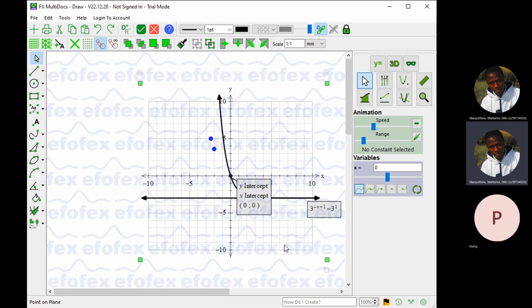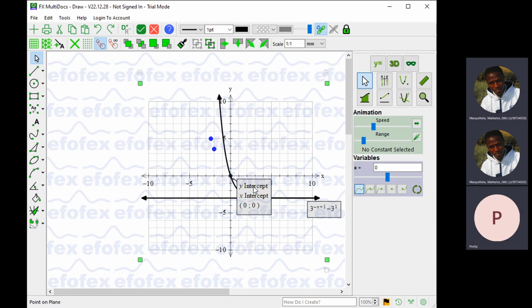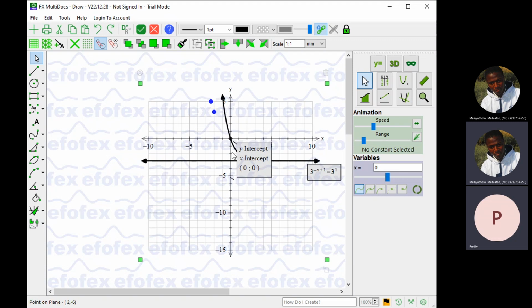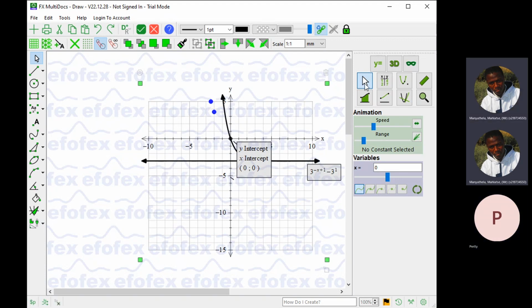And the other point is the one that we've calculated: when x is 1, then y is -2. Then you are done plotting your graph.